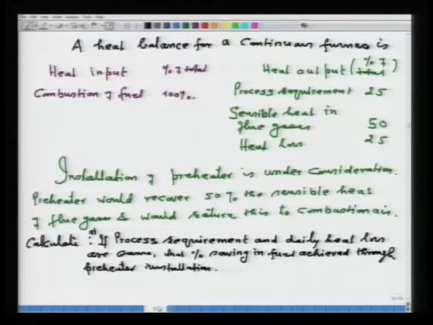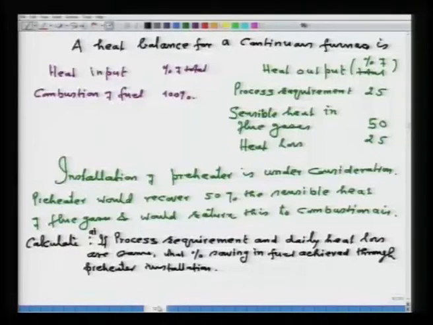I think you understood the problem. He is very clear in his mind. Because the preheater involves a huge amount of investment, I want to know what percent saving in fuel I will get if the process requirement and daily heat loss are the same. This is his query number 1.